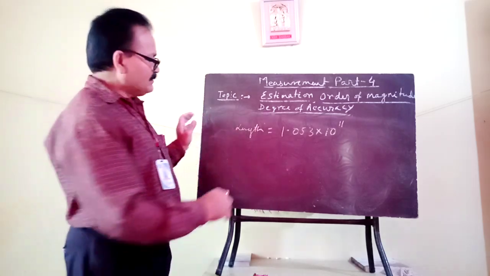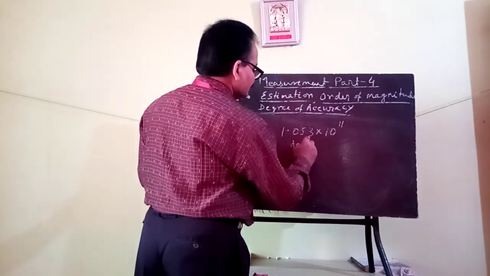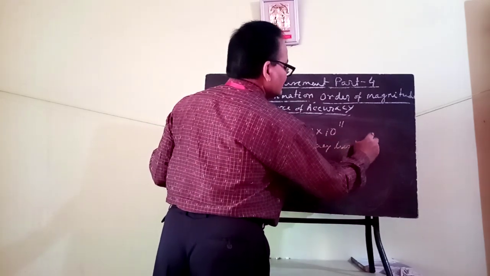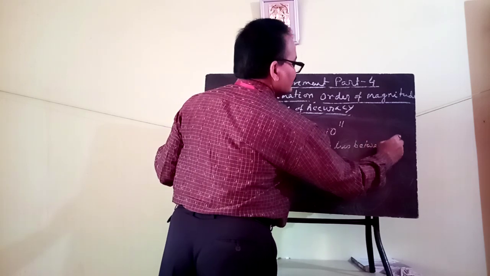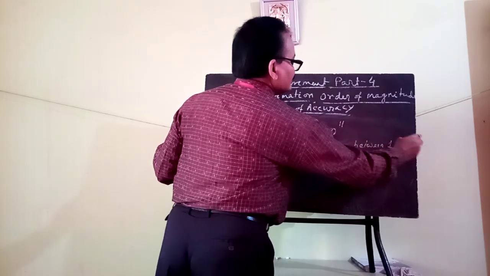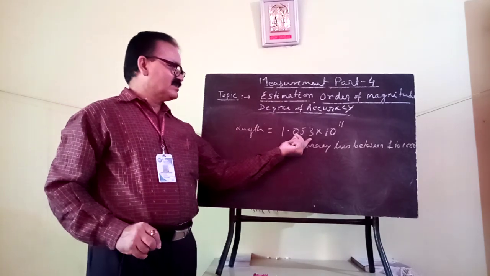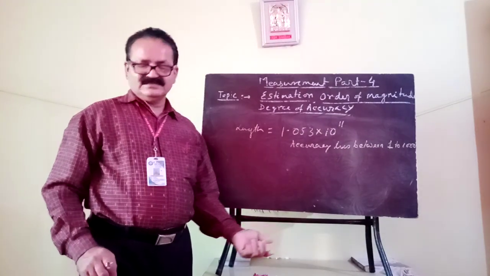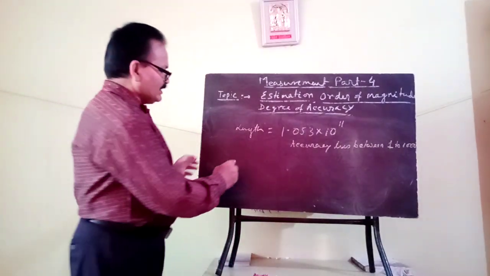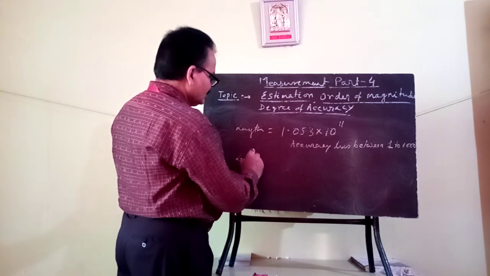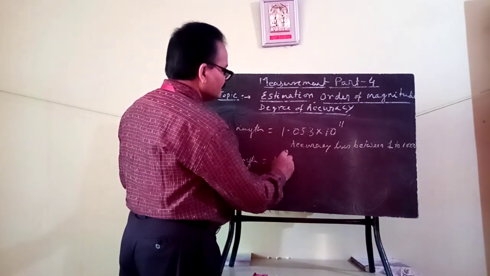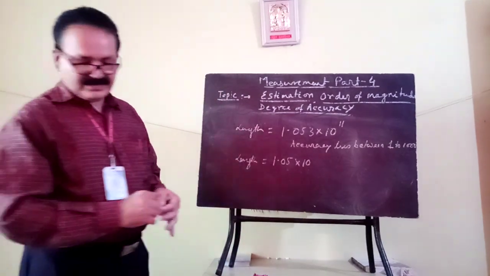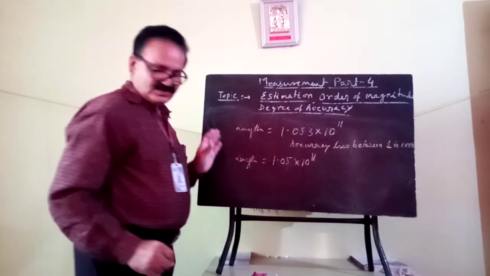The accuracy lies between 1 to 1000 because it has 3 decimal places, the power of 10. Another case: if you express any length as 1.05 into 10 to the power 11, what will happen?